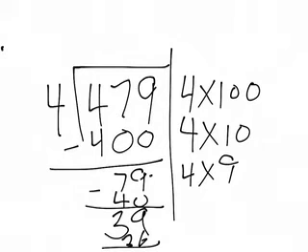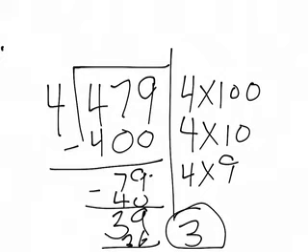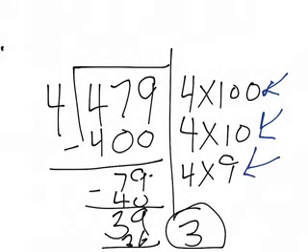I end up with 3, and I look and say, okay, 3 is less than 4, so 3 is a perfectly reasonable remainder. Now, I just add up. On the side here, I've got 3 problems that I did. I did 4 times 100, I did 4 times 10, and I did 4 times 9.